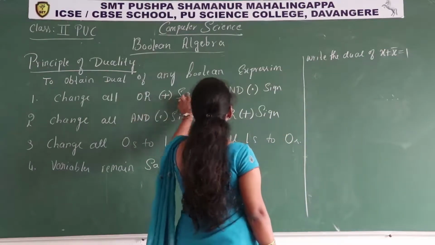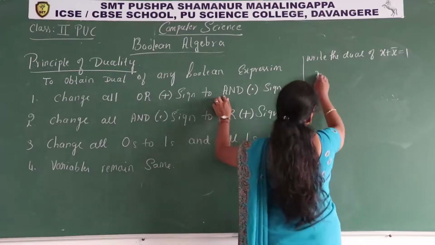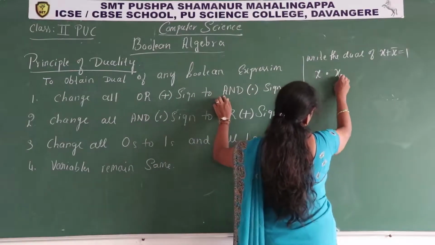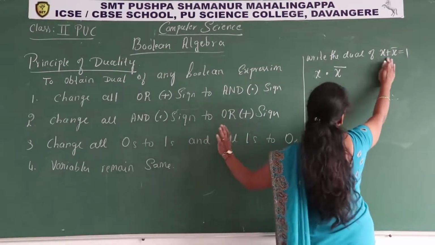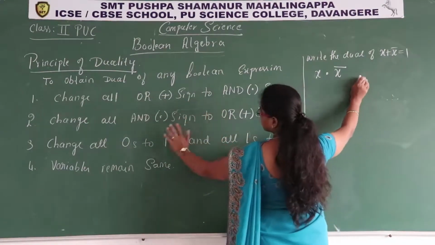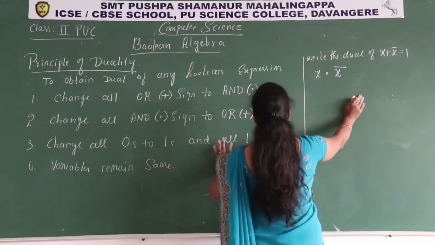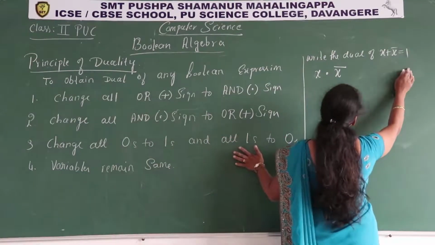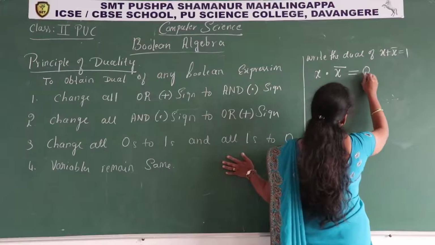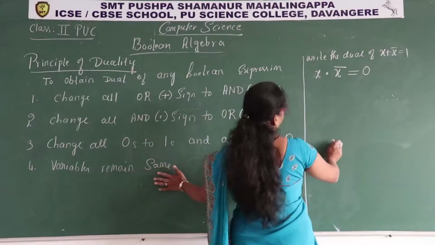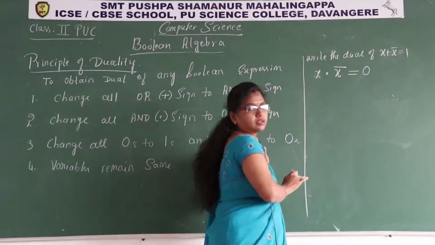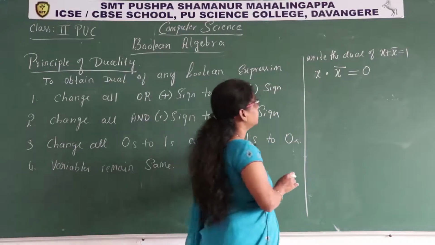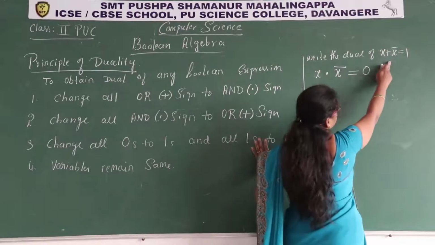Change all or sign to and sign. So plus becomes dot. Change all and sign to or sign. Here there is no and sign. So now this applies. Change all zeros to 1 and ones to zeros. Here 1 changes to 0. Variables remain same. You should not change the variables. So this is the dual of this expression.